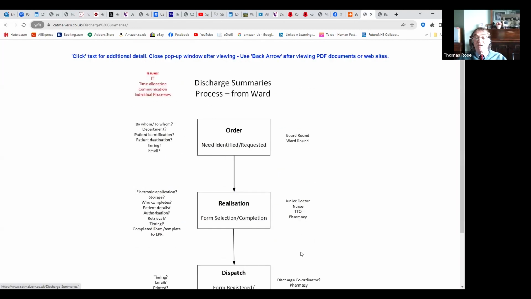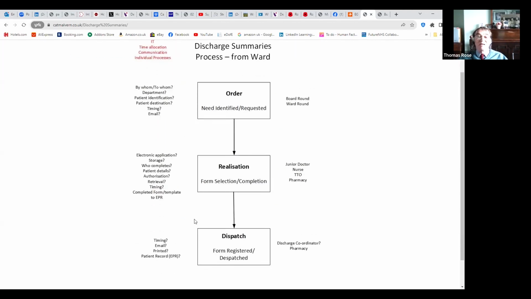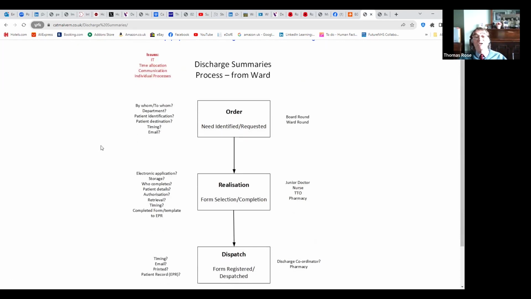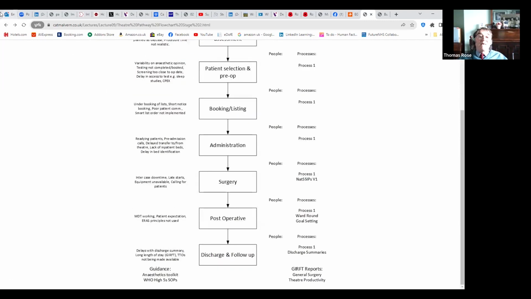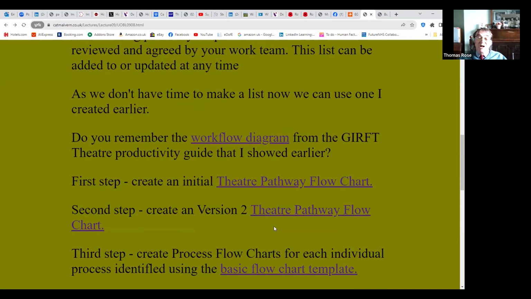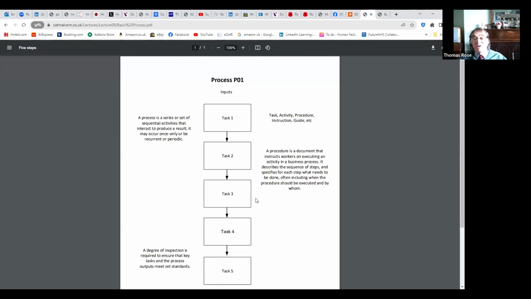One that I'm working on at the moment is discharge summaries, but that's a right minefield, and it comes back to the ward round. Within this, the ward round has got to be good for your discharge summary to be produced. So that's the next stage, and then the final stage is producing the basic flowcharts for the individual processes that you've identified from each of those elements of the patient flow.